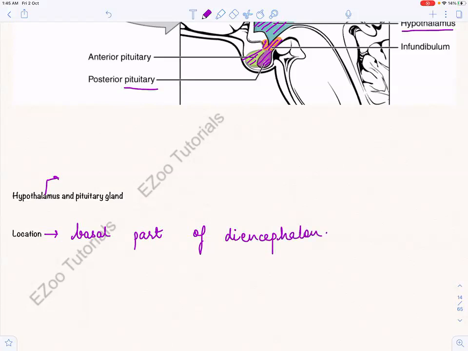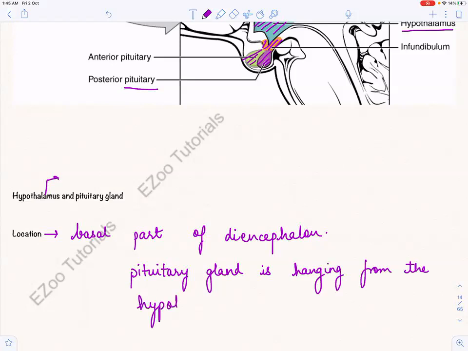And the pituitary gland is attached, is hanging from the hypothalamus through infundibulum, right?